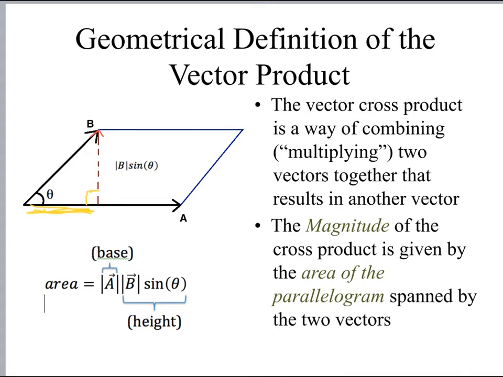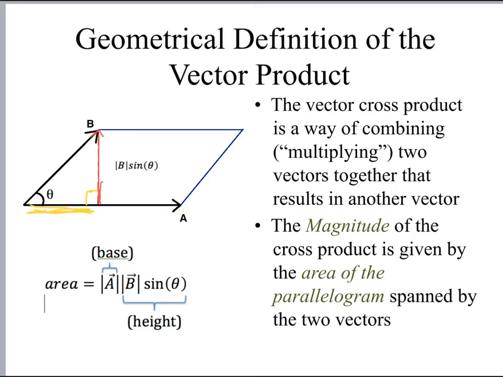And that has a geometrical meaning. This red line is the component of B that's perpendicular to the vector A. This is a right triangle, and that's the opposite side to the angle between the two vectors, so it is equal to the magnitude of B times the sine of theta.